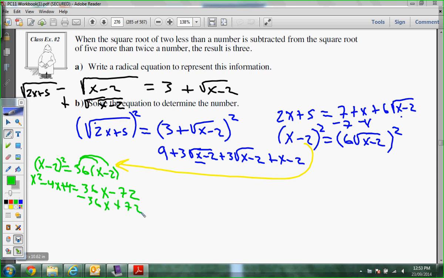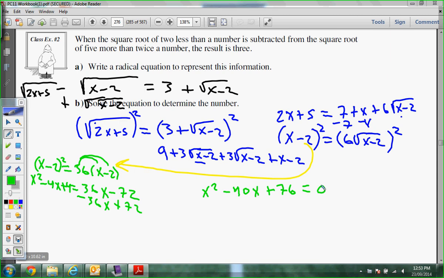So we get one side equal to 0. What we're going to have is x squared minus 40x plus 76 equals 0. Is that 76? Yeah. So here's what we're trying to factor.